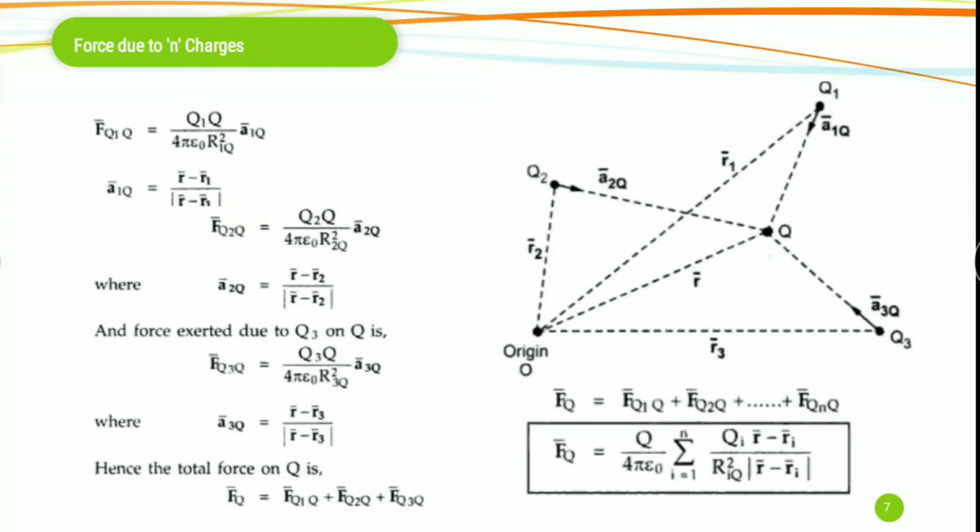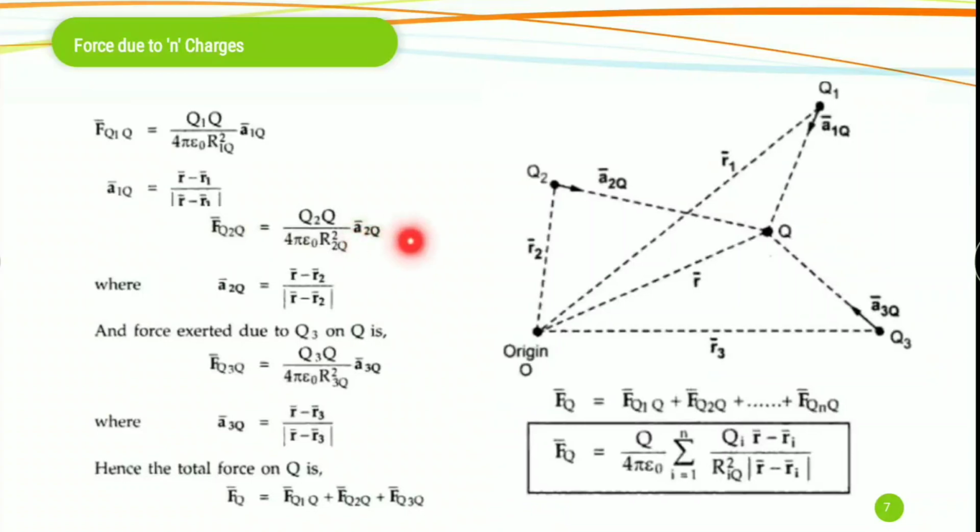And next we have to find the force between Q2 and Q1, Q. So that is represented by F bar Q2 Q. That is also equal to 1 by 4 pi epsilon naught Q2 Q by R square 2Q A bar 2Q.